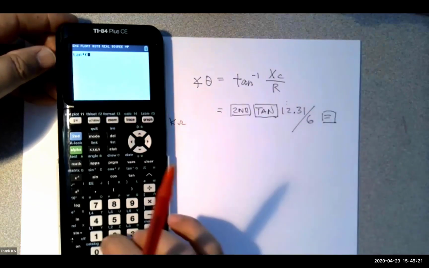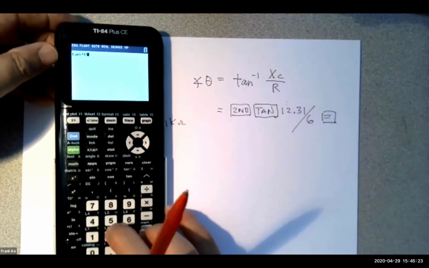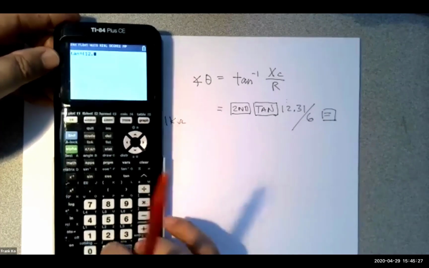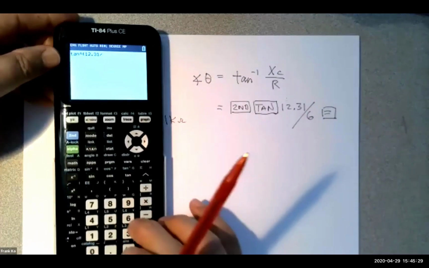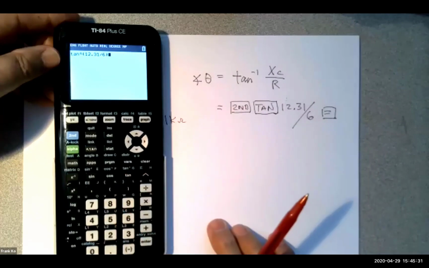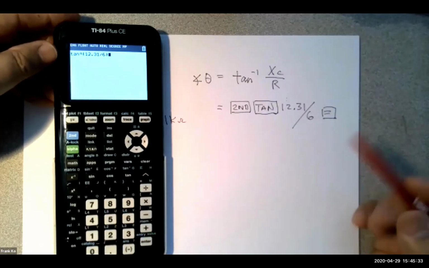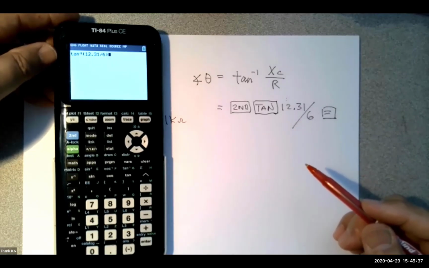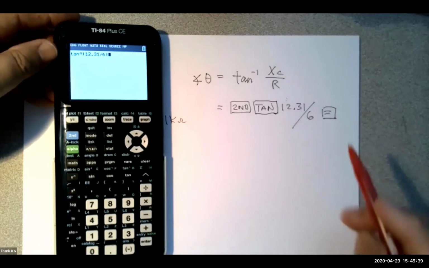I will then pop in 12.31 and divide by 6, close parentheses, and hit equals, and be done with it. When you go to do so, what answer does your calculator show you?